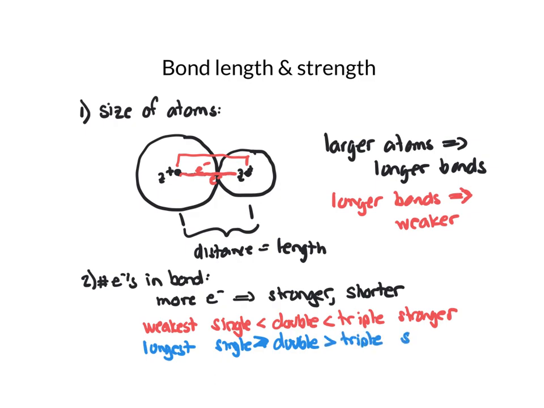So the shortest bond is the triple bond. I can only compare single, double, and triple bonds between the same 2 atoms or atoms that have comparable size, because both size and number of electrons will make a difference.